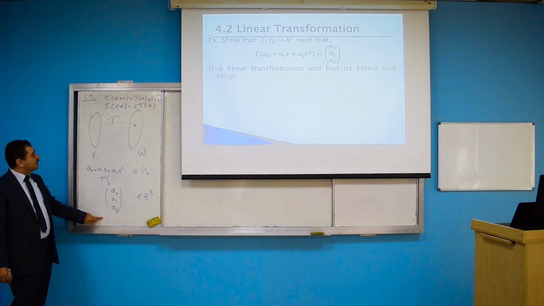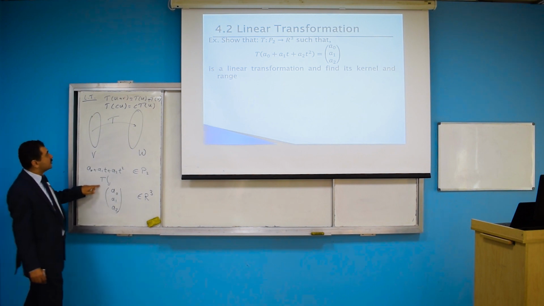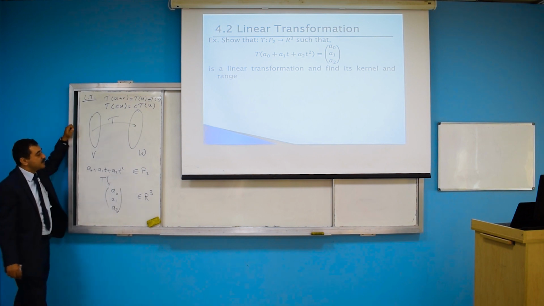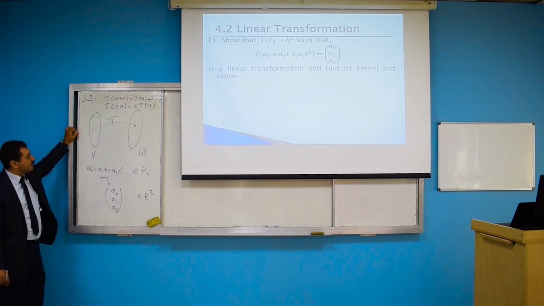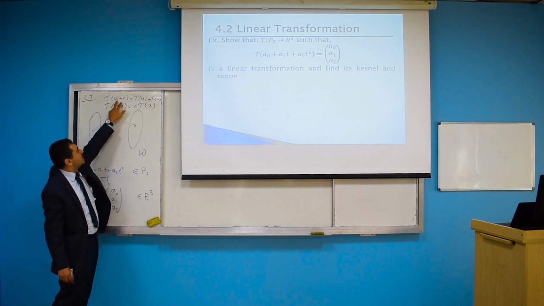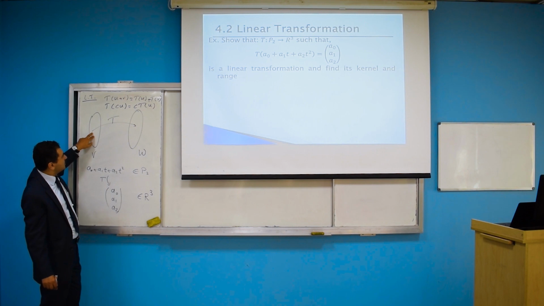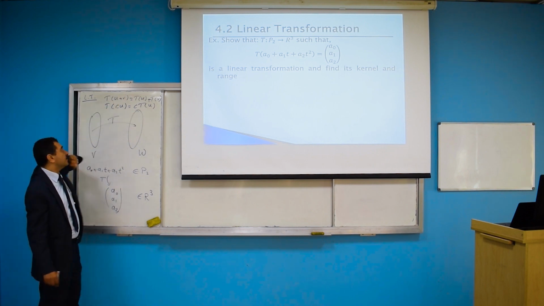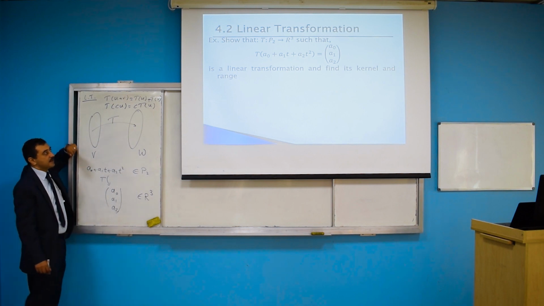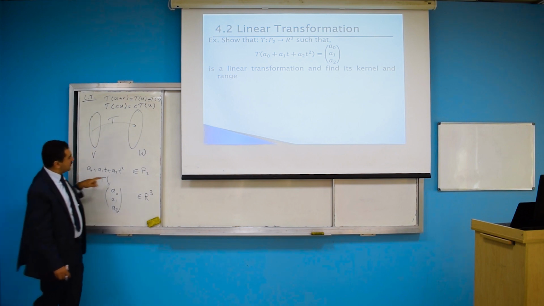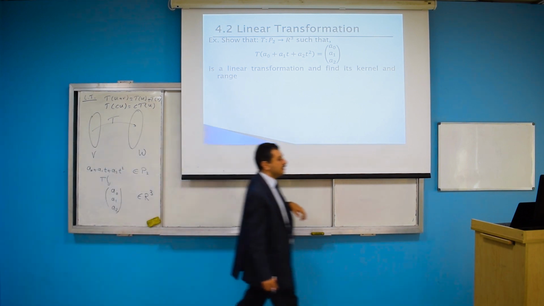So let's check the linearity of this transformation. Is this transformation linear, which means that it satisfies these conditions? For example, if I want to check the first condition, I'll take two vectors in the original space and then do the summation, then the transformation, and check if I transform each vector separately and then do the summation, I'll get the same value. So I'll take another polynomial in P2.